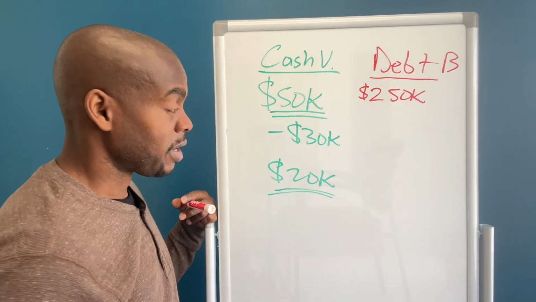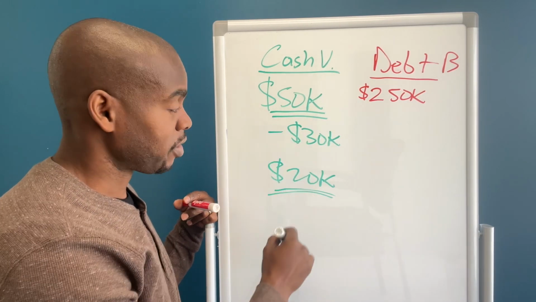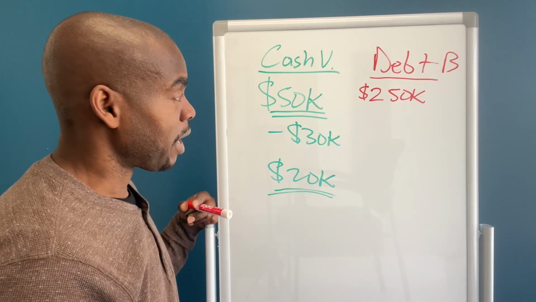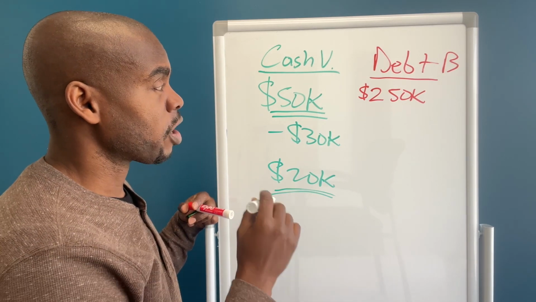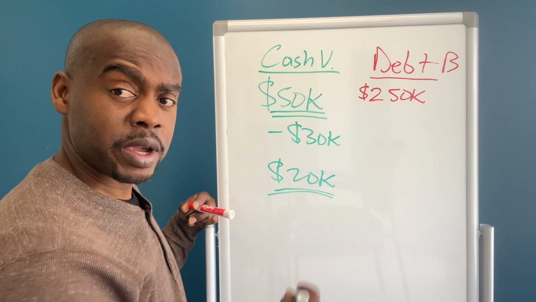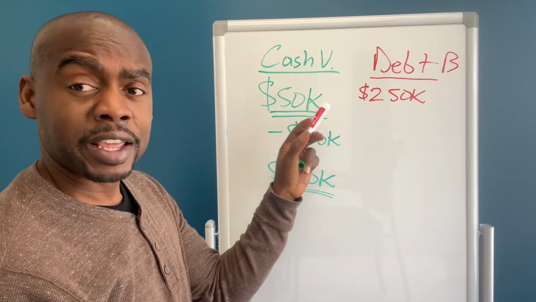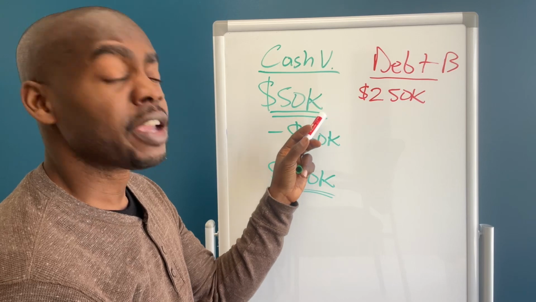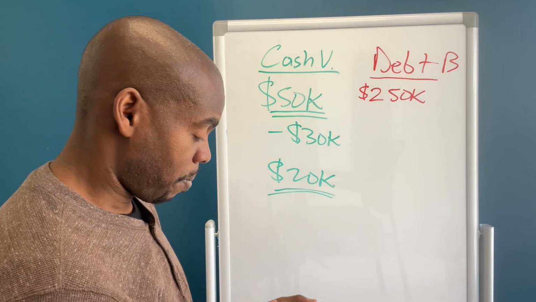When you pay this loan back, you'll see that your borrowing power goes back to $50K, and your cash value keeps growing. You're going to get interest credited on this, so your cash value is going to go up.